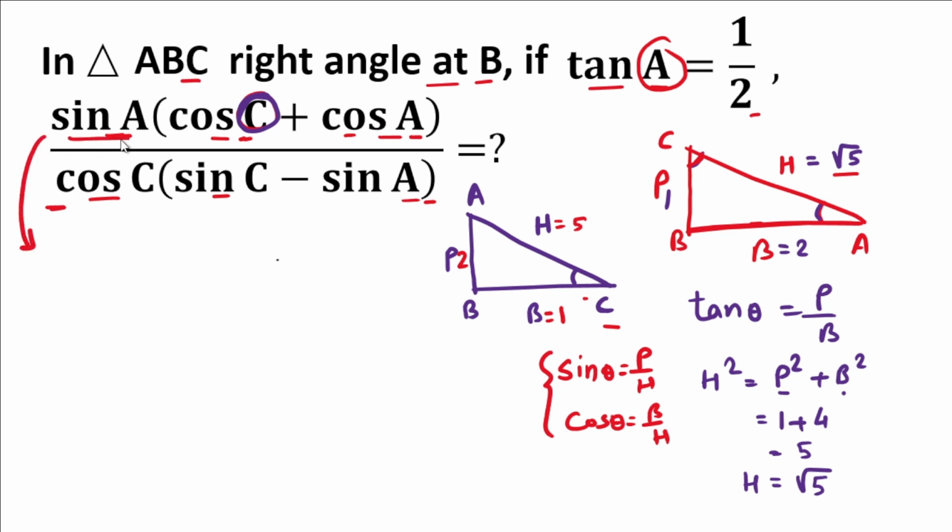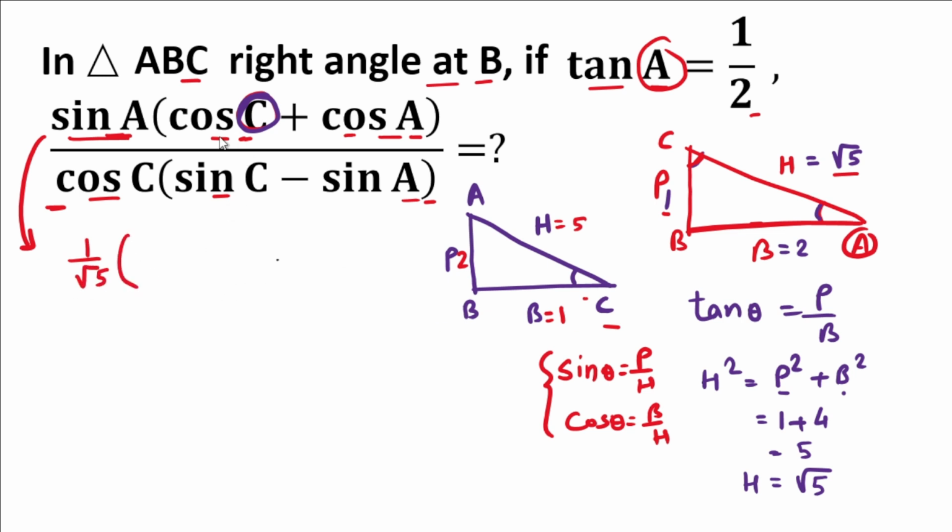Now for sin A: sin theta is perpendicular divided by hypotenuse, so the perpendicular is 1 and the hypotenuse is square root 5, giving 1 over square root 5.